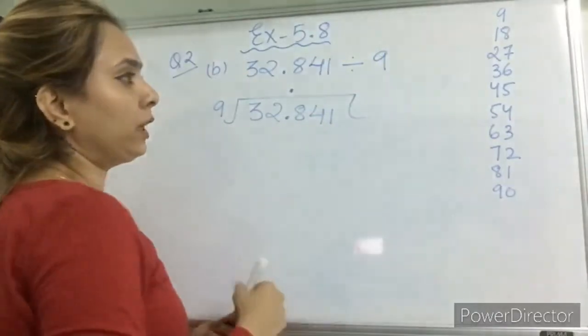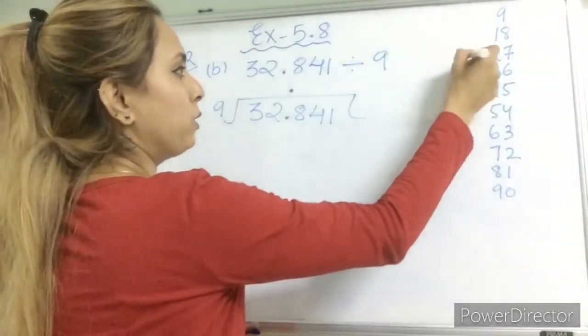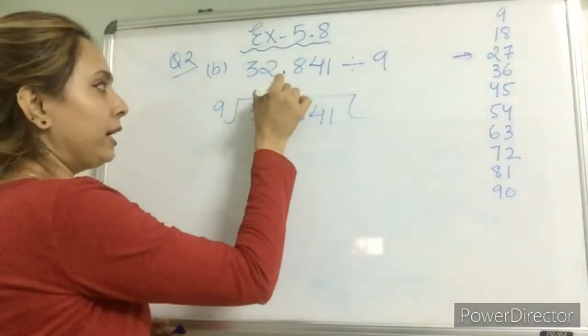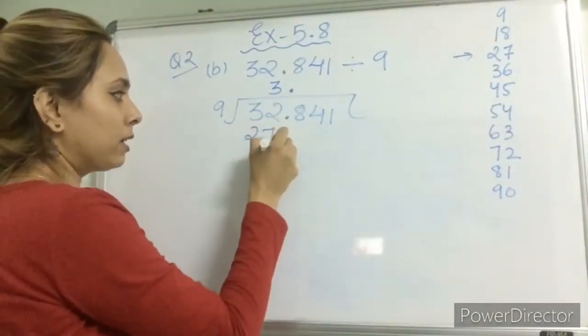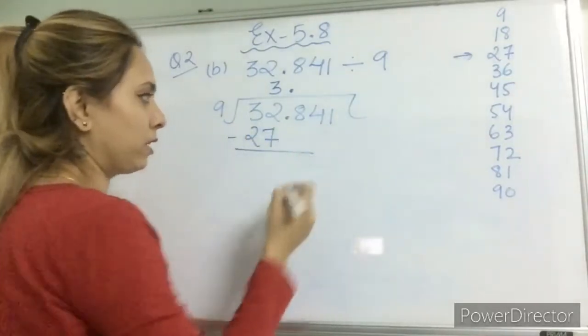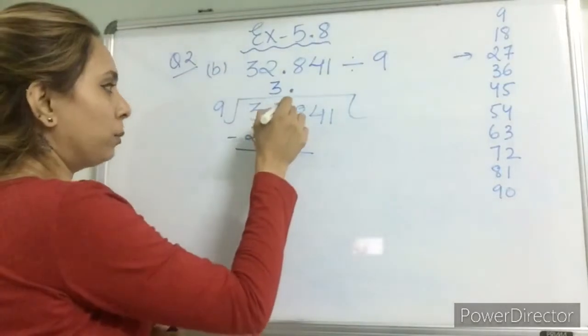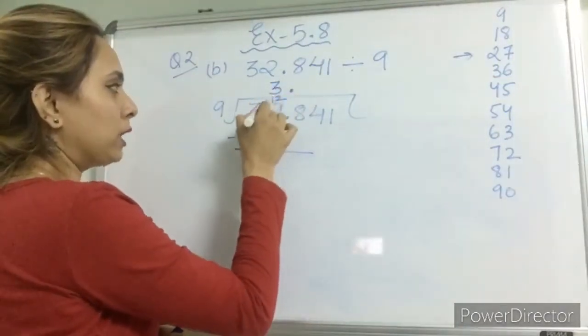Here 32 is not exactly divisible, so we'll take 27. So 9 3s are 27. Now you all know how to subtract. So this will become 12 and this will become 2.